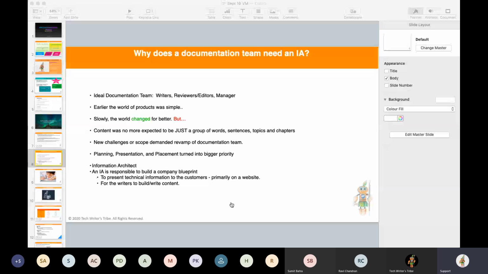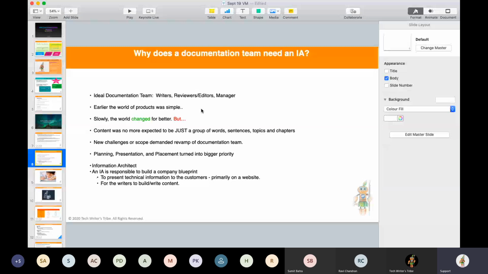But let's see what the writer was doing. You will be knowing, but since we want to define how an information architect is different from the roles that we are having, I'm giving you just some definitions. Technically, a writer writes about some specific feature or product, maybe not the whole product, but some feature. Then we have reviewers who review the technical accuracy.